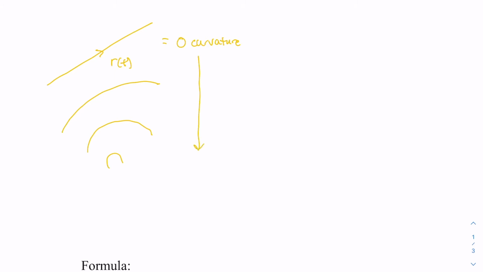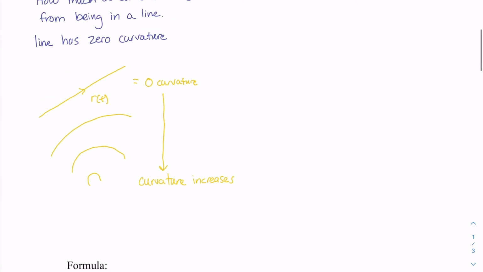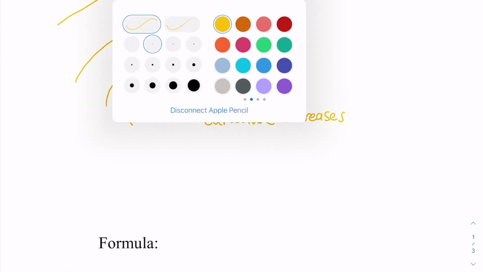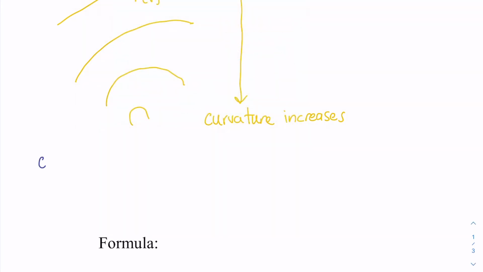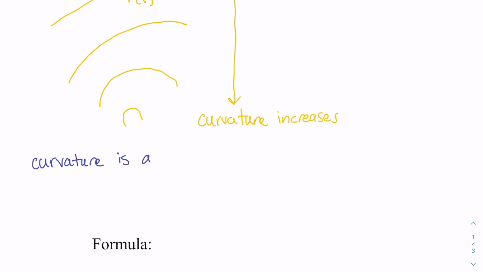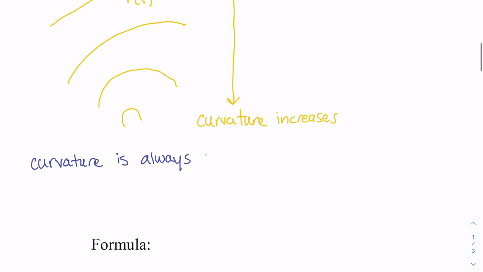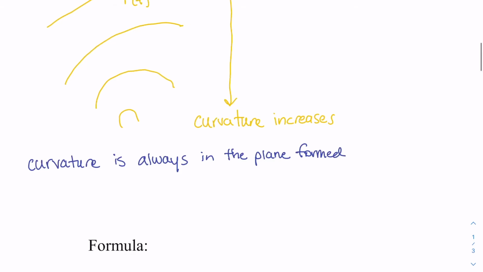So curvature increases as we deviate from being in a line. And then another note about curvature is that curvature is always in the plane formed by t and n, right?